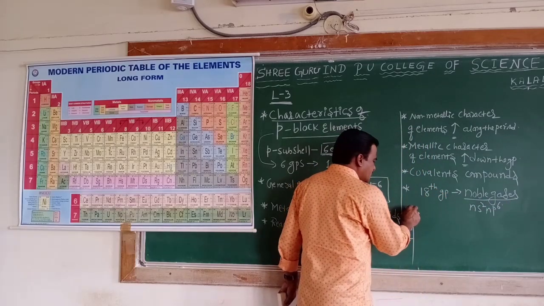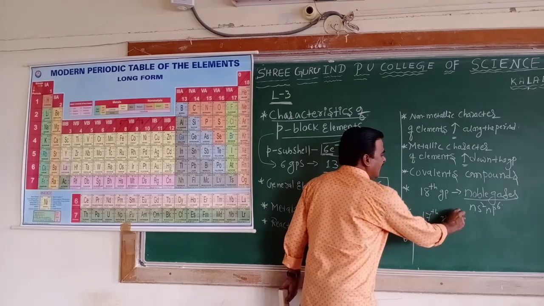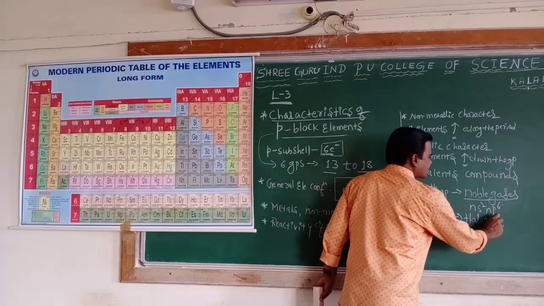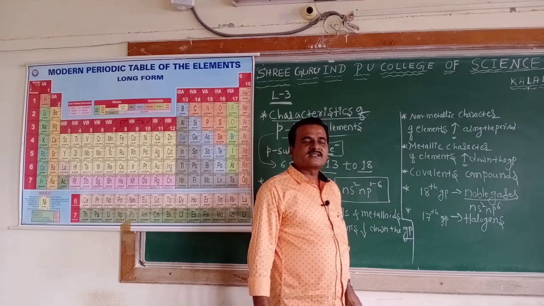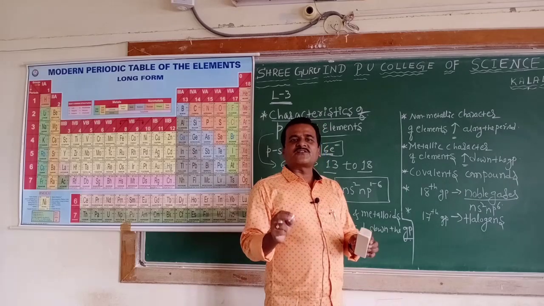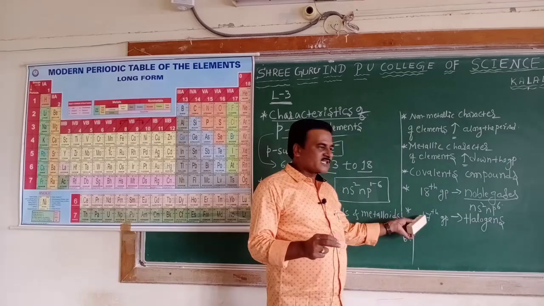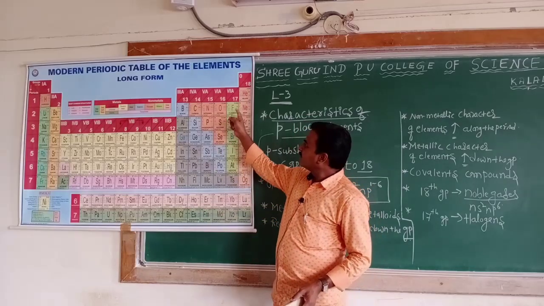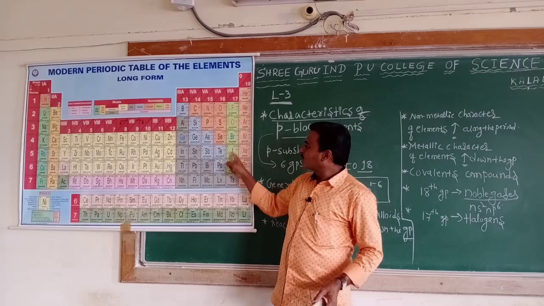The 17th group elements are called halogens, which means sea salt forming elements. The 17th group elements are fluorine, chlorine, bromine, iodine and astatine.